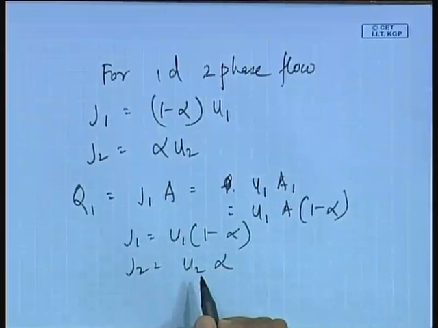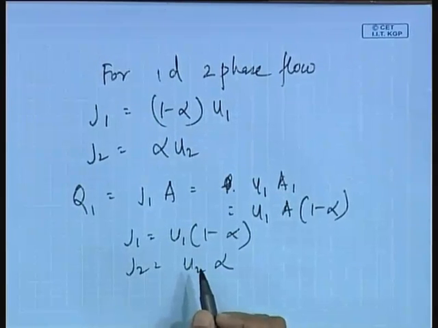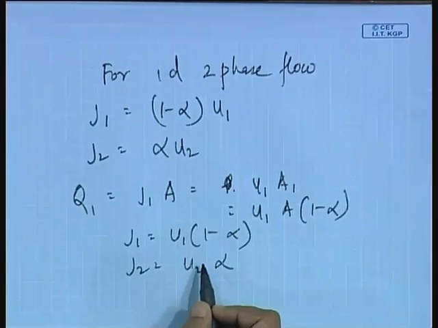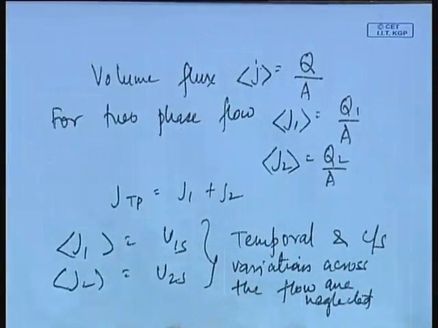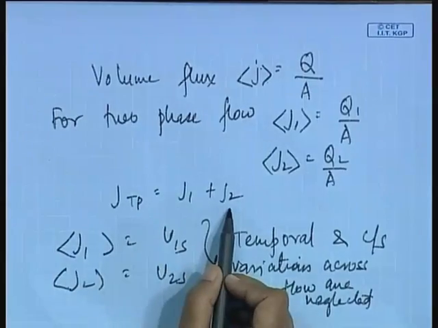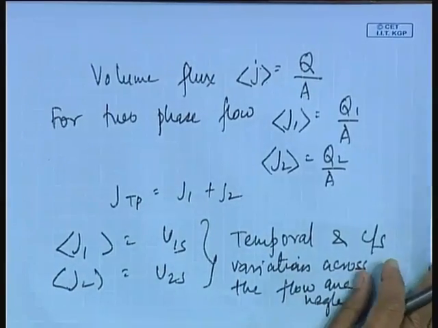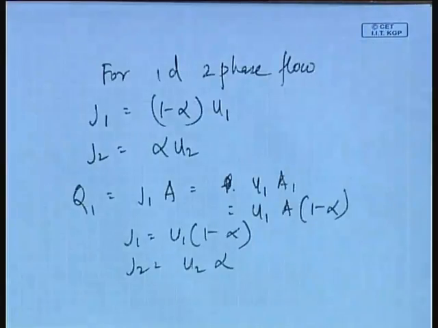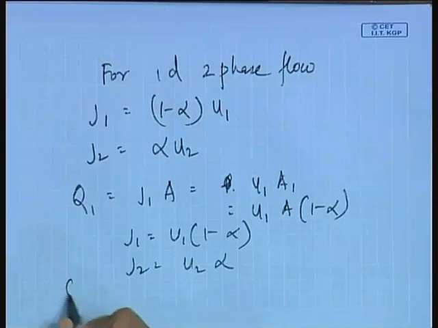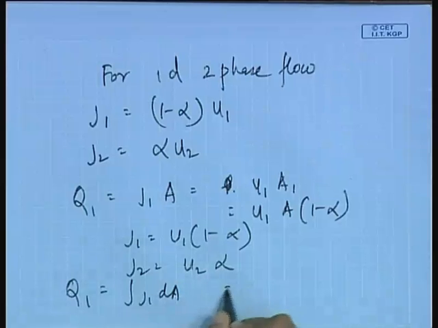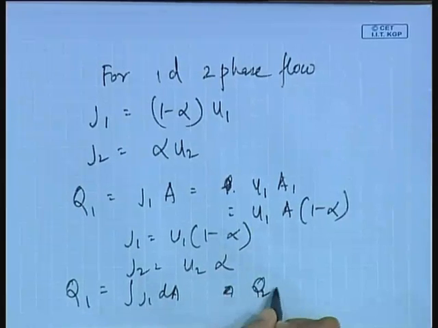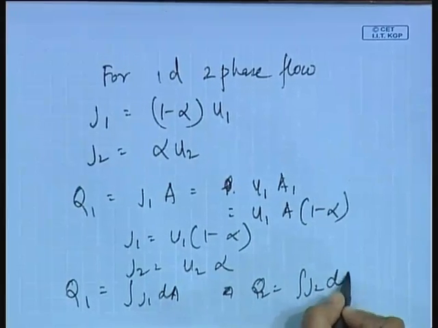For one dimensional two phase flow, the total local flux can be expressed by this particular expression. From here we get Q1 as the integral of J1 dA, and Q2 as the integral of J2 dA.